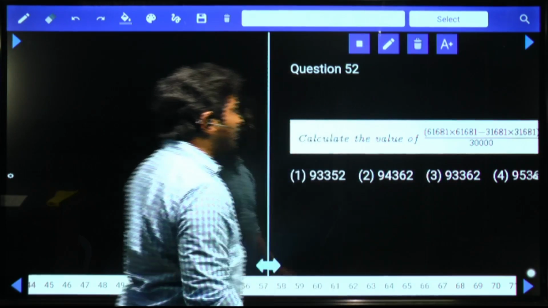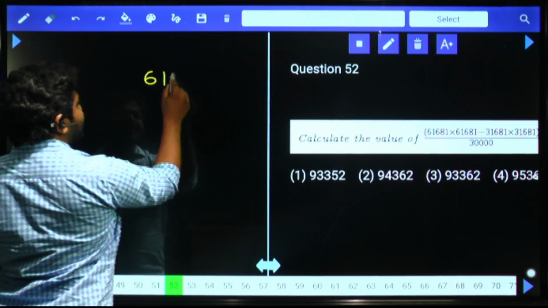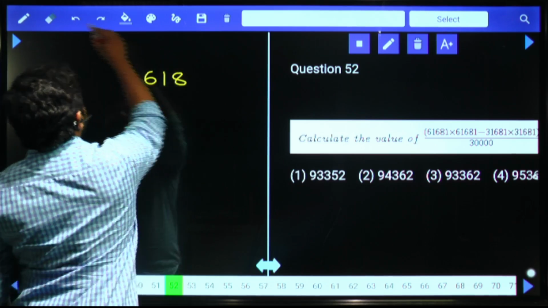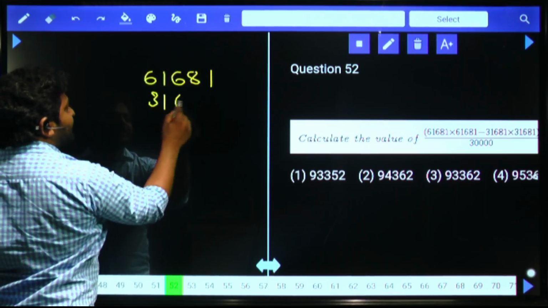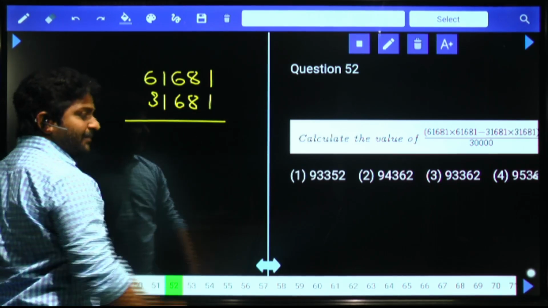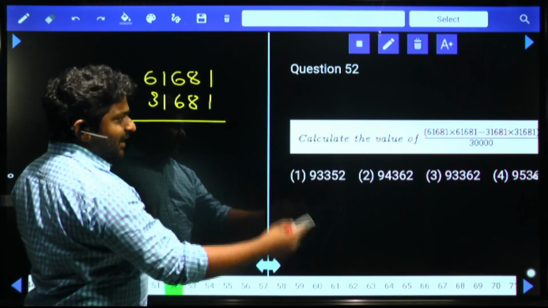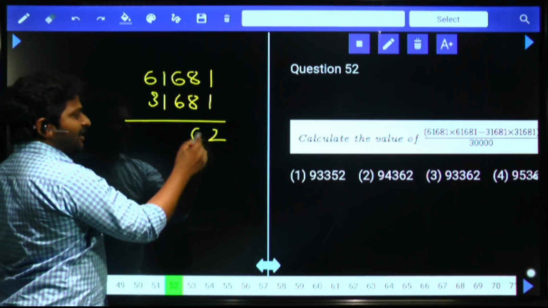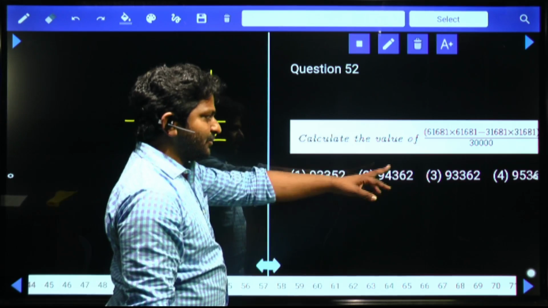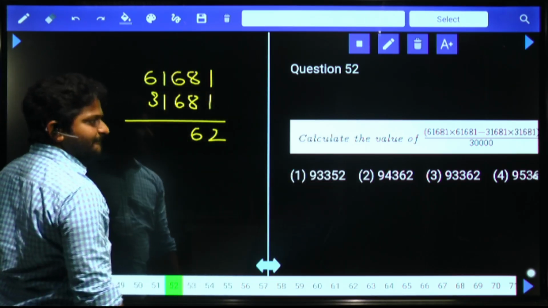So the leftover value in the numerator will be A plus B, that is 61,681 plus 31,681. Now if you observe the last digit, definitely that is 2 only. How many options are ending with 2? Two options are there, three options are there.